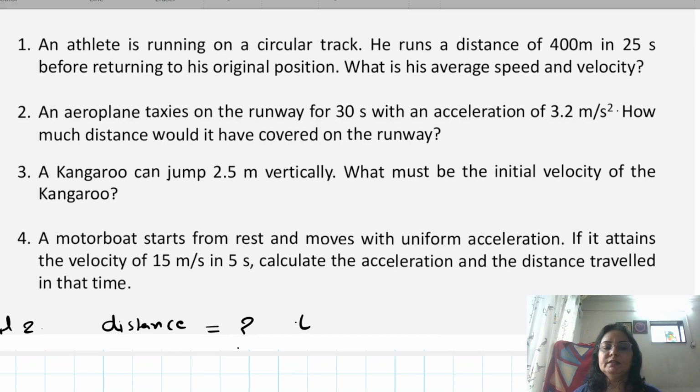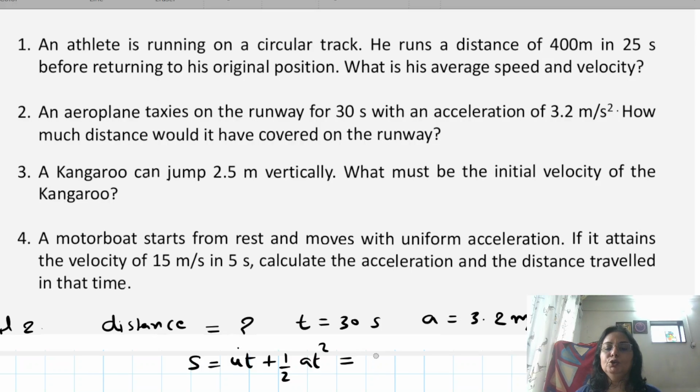And what is the time taken? 30 seconds. What is the acceleration? 3.2 meter per second square. So if we remember our formulas, the three equations of motion, if we apply the formula, S is equal to ut plus half at square, we will be able to find out distance travelled.